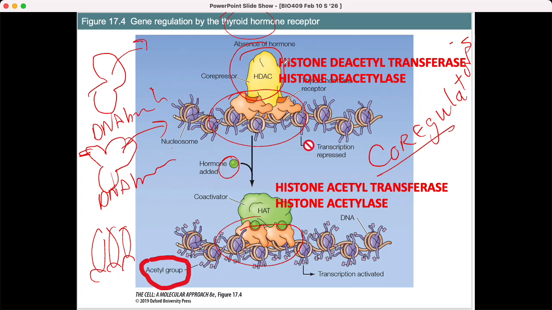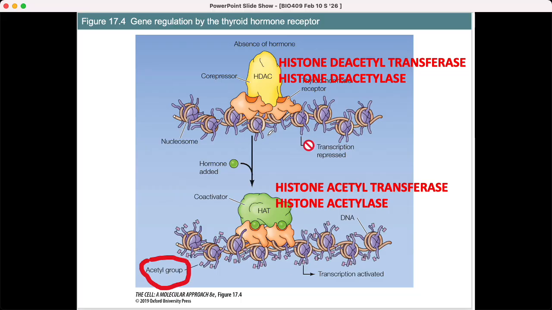And so that just means co-helper, co-repressor. So this is a great example also because we get those two terms. Histone acetylase is a co-activator. And histone deacetylase is a co-repressor. So, just to add those additional terms in there because that's often talked about in studying transcription and regulation.